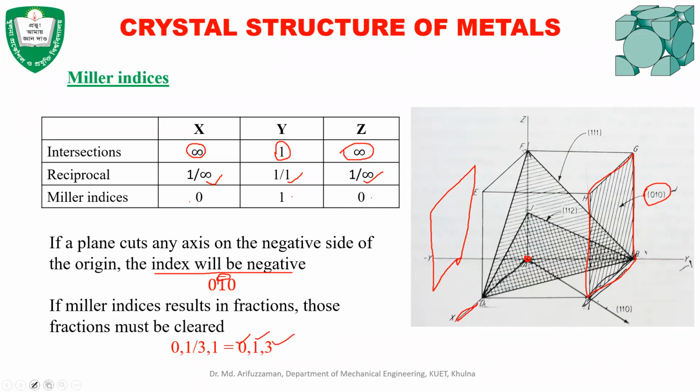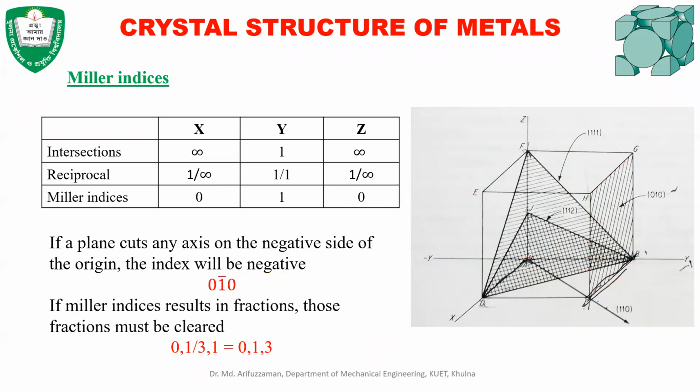Now, to be more clear about the Miller indices, we need to investigate another plane. For example, consider this plane in here. The plane can be in any orientation.